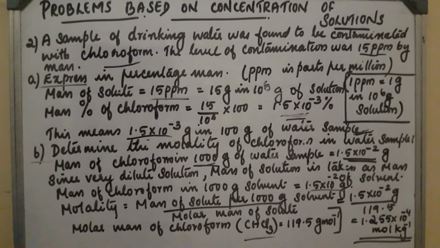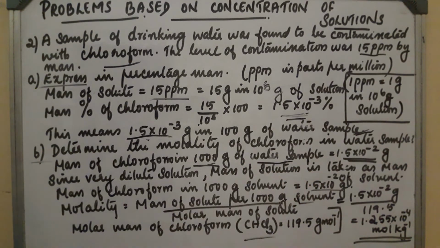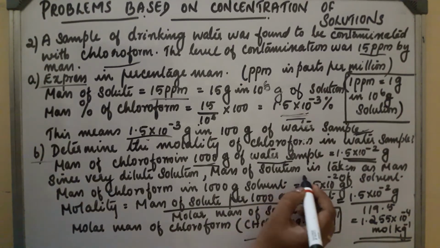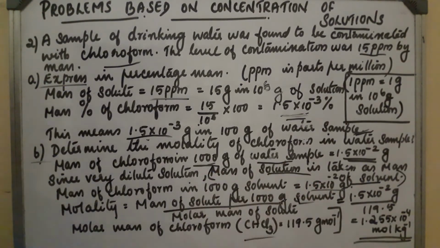In the equation, we need the mass of the solute in 1000 gram of the solvent. Here it is given as 1000 gram of the solution, or water sample. Water sample is the solution here. We know this solution is very dilute, so the mass of the solution can be taken as the mass of the solvent.